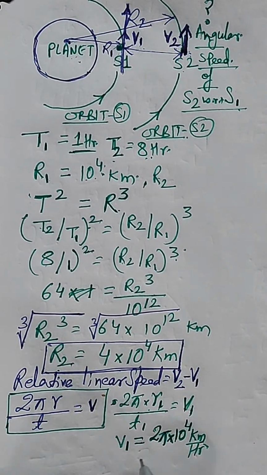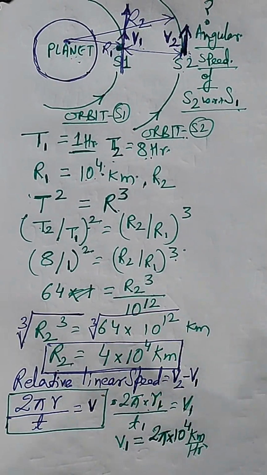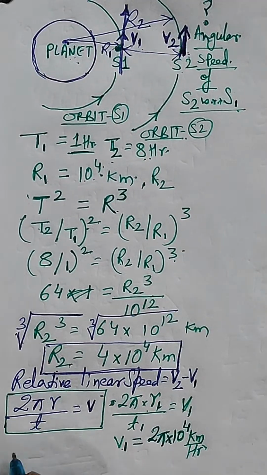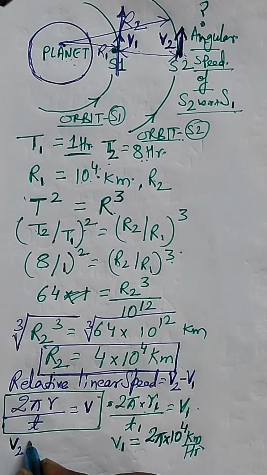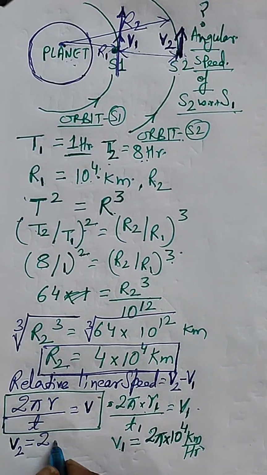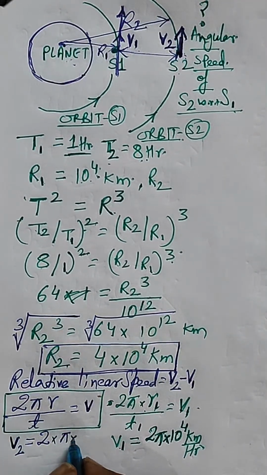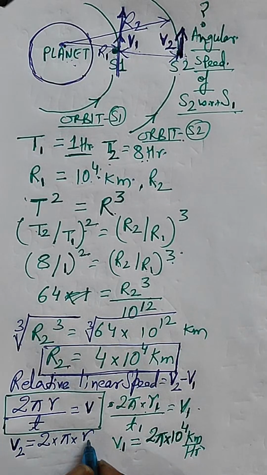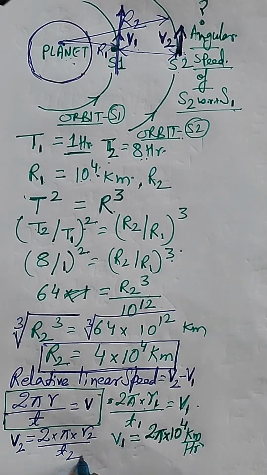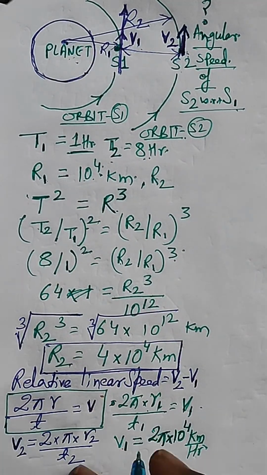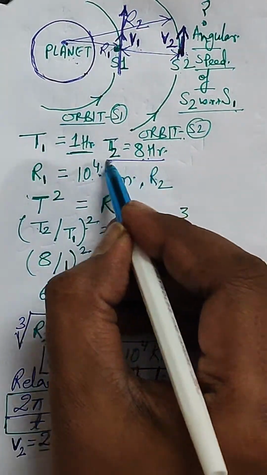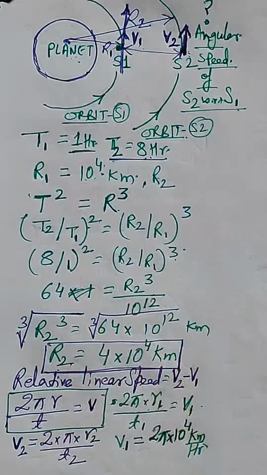Now the linear velocity v1 is calculated, and what is the value of v2? Similarly, v2 will be equal to 2 pi r2 by t2, and we know the value of t2 is 8 hours.